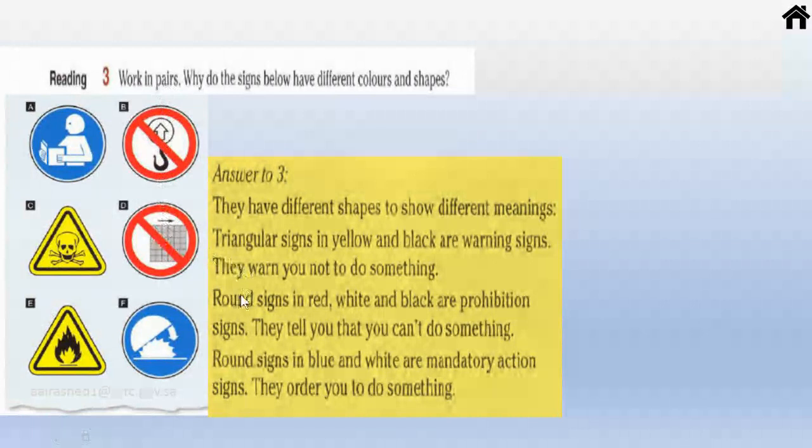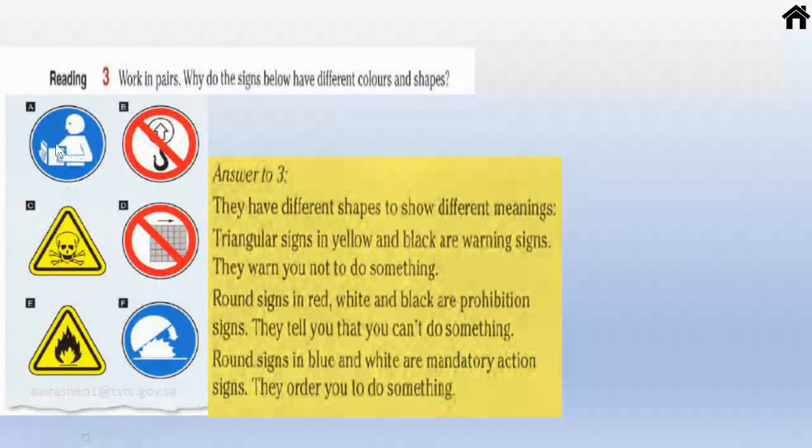Finally, round signs show mandatory action. Okay, the opposite of prohibition. So you must do it. You must do it. They order you to do something.